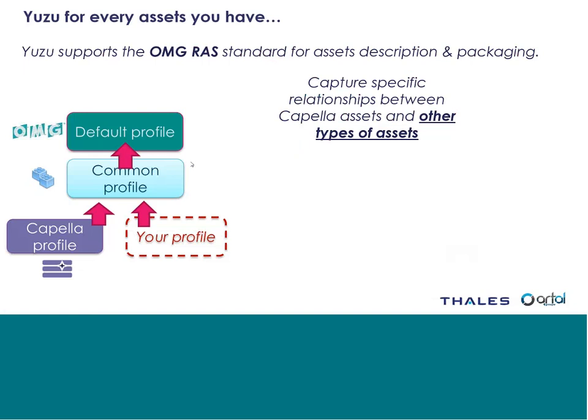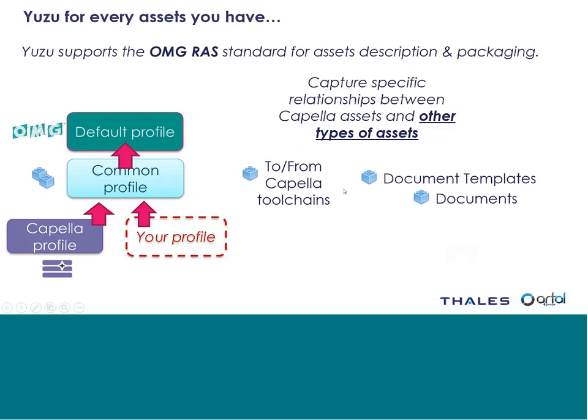So we have created a specific profile for Capella projects and libraries, but you could have your own profile for describing your own type of assets. And with this profile, you can also capture the dependencies between not only Capella projects and Capella libraries, but also Capella project and, for example, tool chains that are needed to produce things starting from Capella.